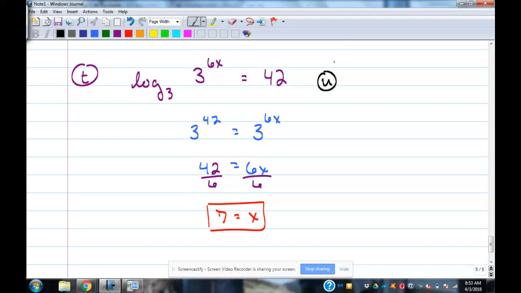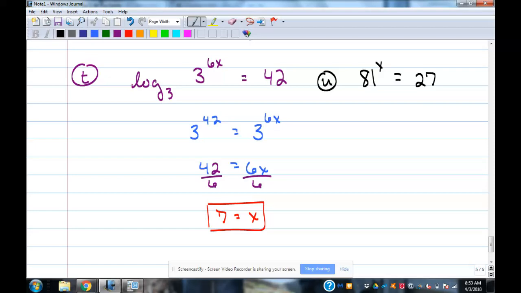All right, let's do an exponential equation. 81 to the x equals 27. Well, I wouldn't do log base 81.